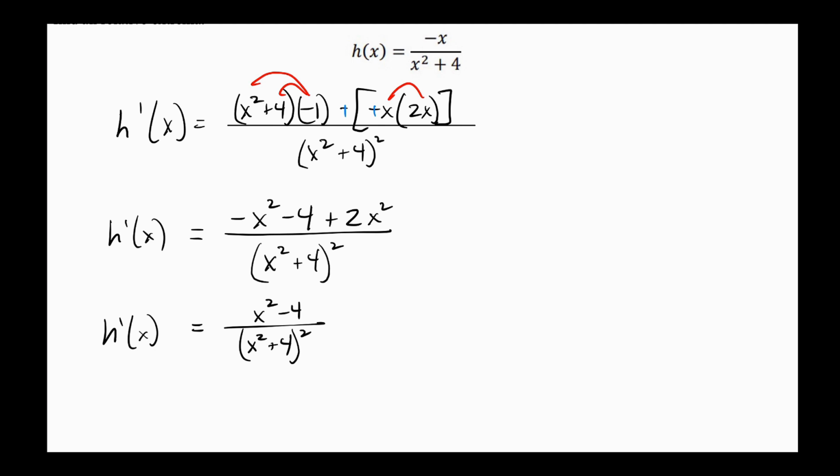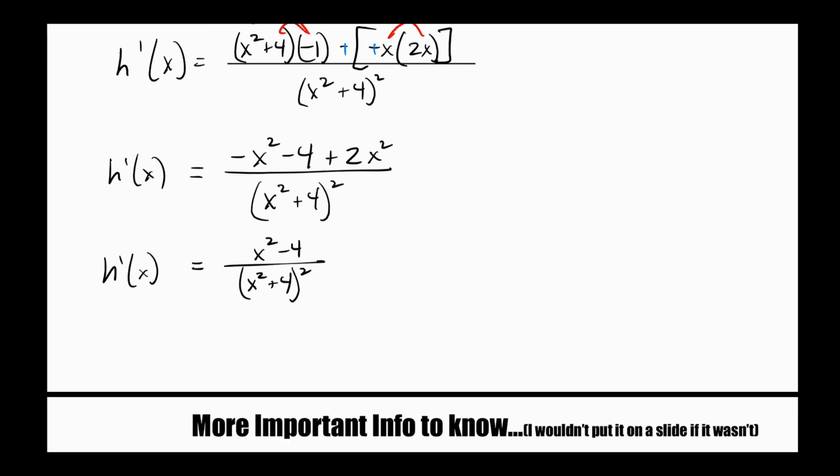When you say set it to 0, you're not going to set the whole thing to 0. You're going to set the top to 0, which takes care of when the derivative equals 0. Then I'm going to set the bottom equal to 0 separately, because that takes care of when the derivative is undefined. I set them separately just because it's easier that way.